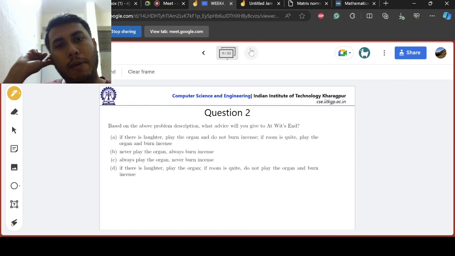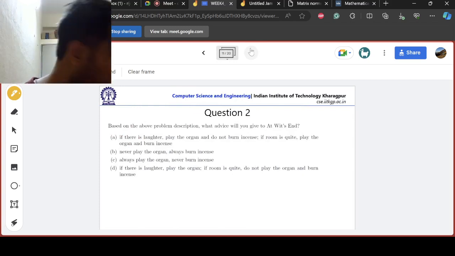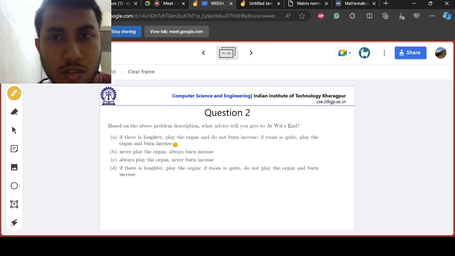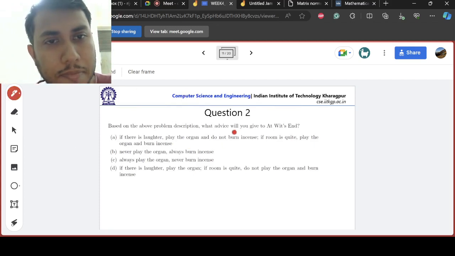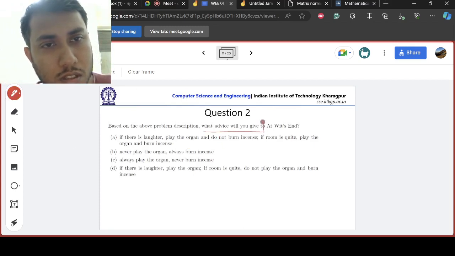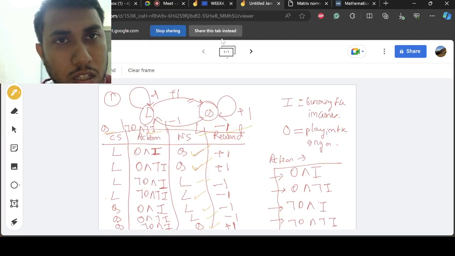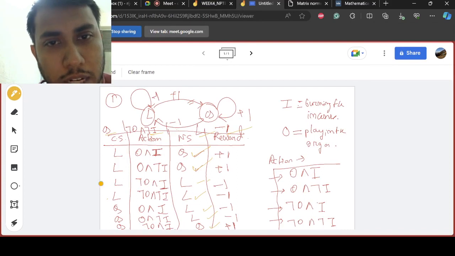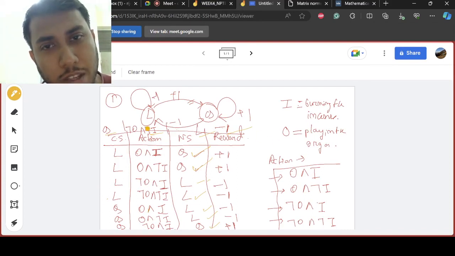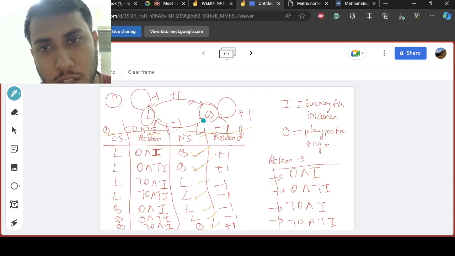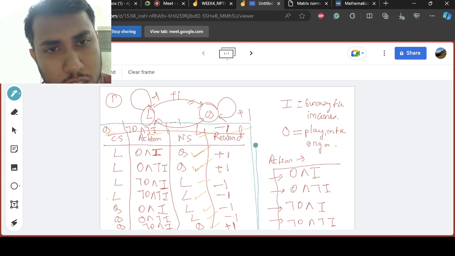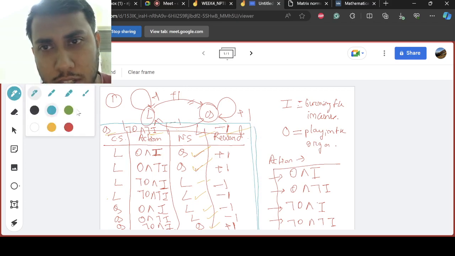Based on the above description, what advice will you give to the mixed ignorance? Based on the transition diagrams, you have got this whole package, this state transition diagram.